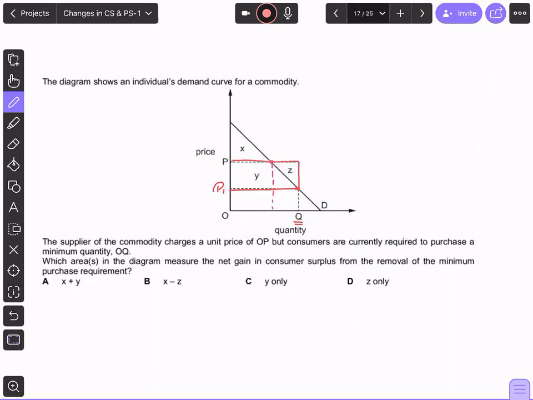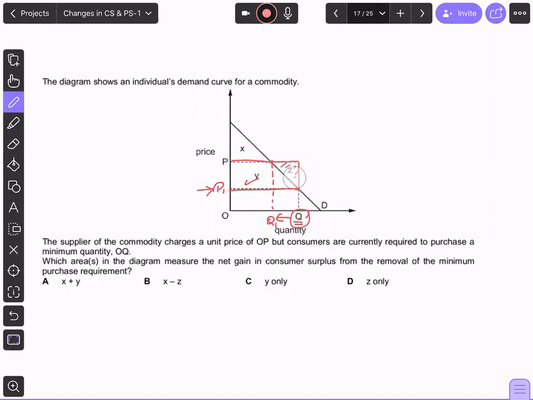Q1, सही है. तो जब आप ये हटा दोगे, इफ यू अबॉलिश दिस रिक्वायरमेंट ऑफ बाइंग द गुड एट ओपी एंड बाइंग ओक्यू क्वांटिटी, तो कंज्यूमर्स, अगर आप कंज्यूमर्स की विलिंगनेस से देखोगे, दे विल बाय एट P1, they will buy at P1 quantity Q, सही है, which still makes sure that they will be retaining area Y. So what is the net gain? Net gain क्या होगा consumers को?